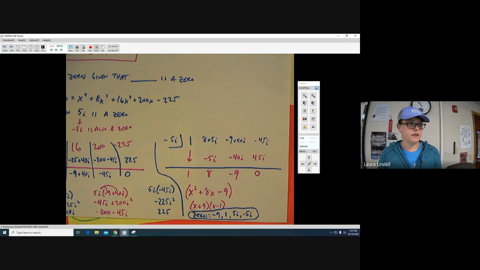Any questions from this one? Anything we want to go back to? If you're simplifying the i's out and it comes out to just a number, oh, the IXL starts with some pretty simple ones, so it's likely that it could be just a number for your answer.